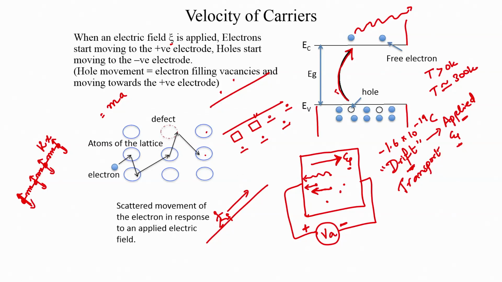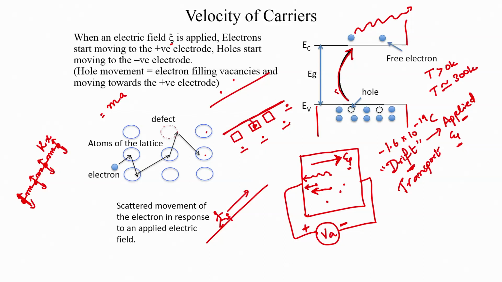Now these electrons too would like to move in response to the electric field, but they do not have enough energy to jump across into the conduction band and then move through the crystal. Instead they could jump from one location in the valence band to another, because the energy required there is quite small, and therefore in some sense respond to the applied electric field. So let us say that this electron were to jump into this vacancy, which implies that it would occupy the state and leave behind a vacancy here.